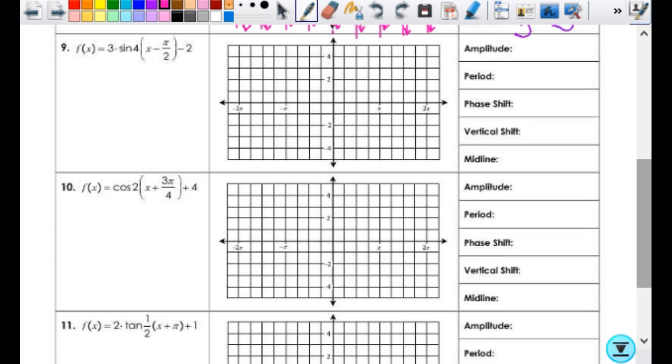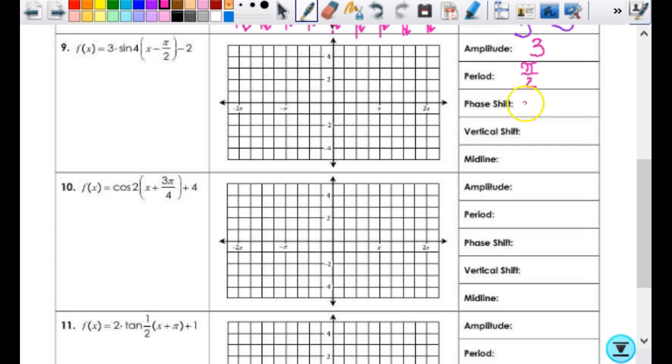Okay. Let's look at 9. What's the amplitude on 9? 3. What is the period? Pi halves, because we have to divide it by 2 pi, so it's pi halves.